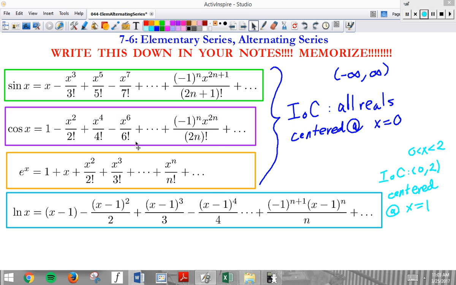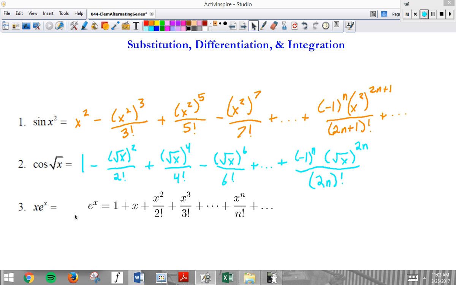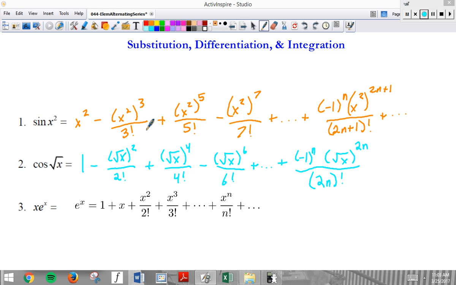Let's do one with good old-fashioned e to the x. Okay, so if e to the x equals this series, then I can just do this kind of a thing.